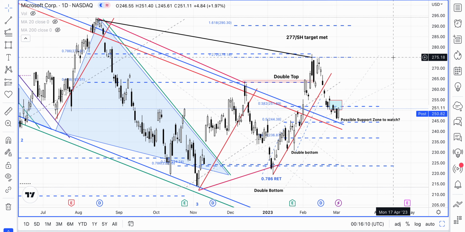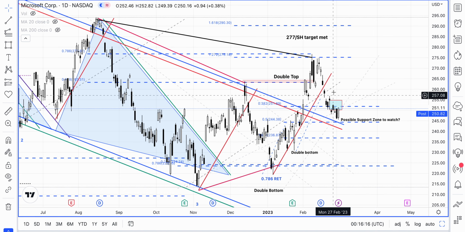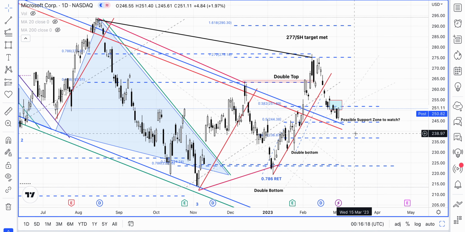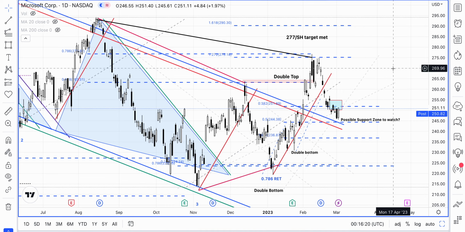That's just his opinion, but it is something which I am also looking at carefully, and I will be watching Microsoft stock very, very closely.